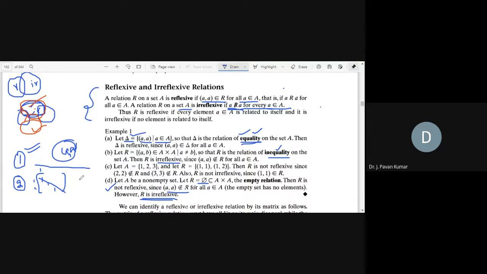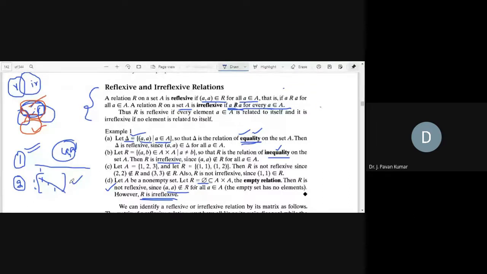If a relation is reflexive, then in its matrix representation we will be having all ones in the principal diagonal. Yes or no? Yes, sir. So by using that, we can determine whether the relation is reflexive or not.